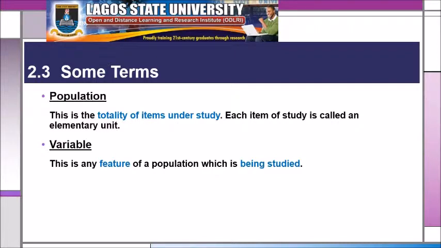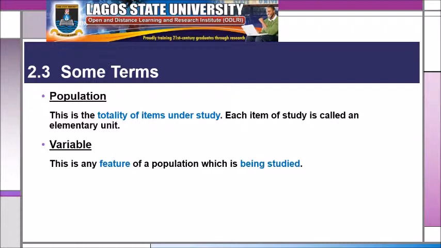Now, a variable is any feature of a population which is being studied. That is, when you take a population, generally you want to study something about that population. What you want to study is what we refer to here as feature.